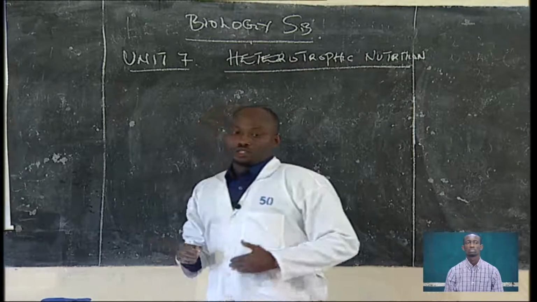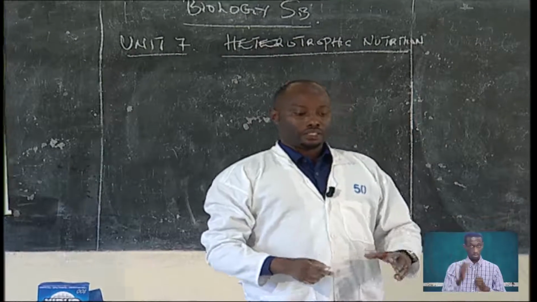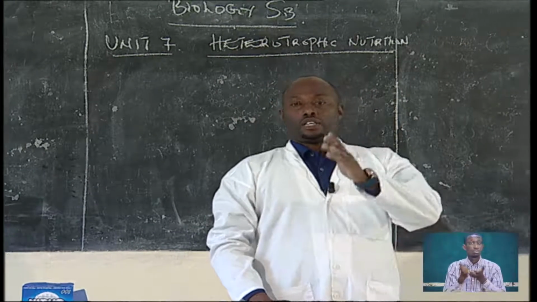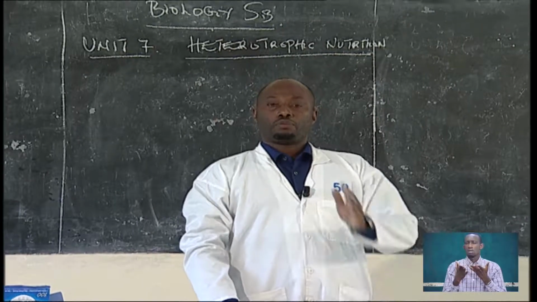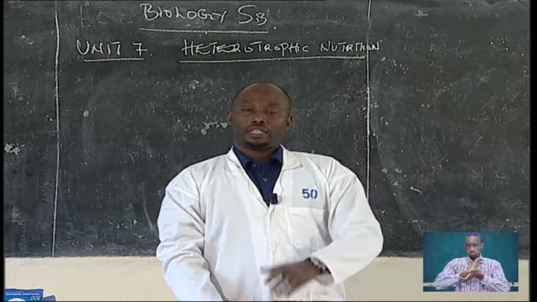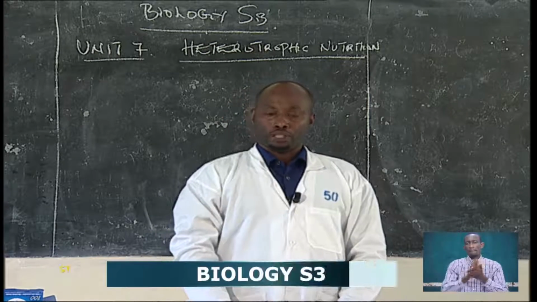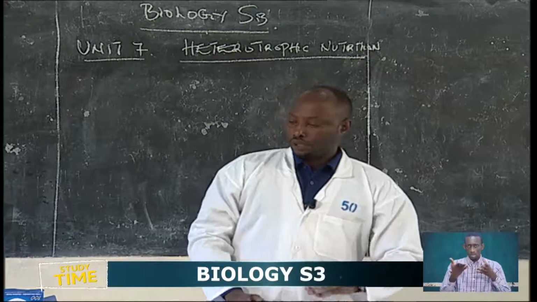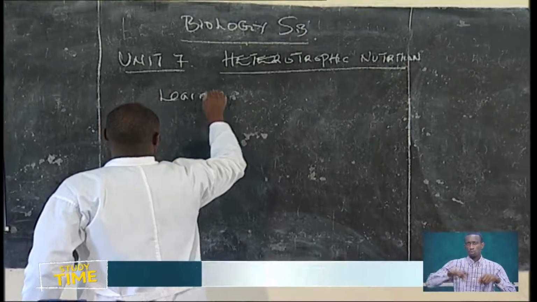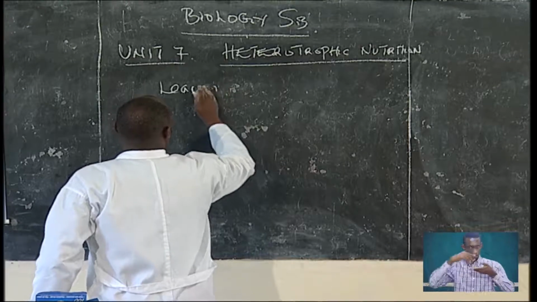So, as you know, the learning objective of that lesson is precisely to talk about digestion in the stomach. We're going to be discussing digestion in the stomach, as well as mentioning digestion in the small intestines.